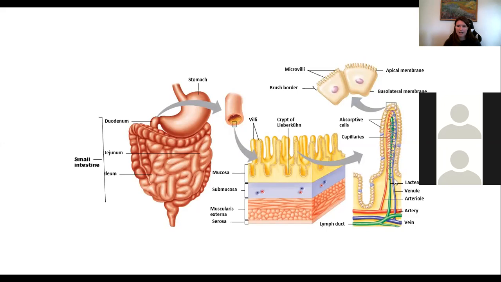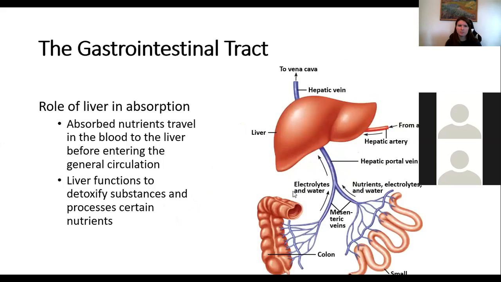And then we have these absorbed nutrients in this vein here. Now, all those veins coming out of your small intestine are basically going to go through the liver. So we have this hepatic portal system, right? Which means that veins coming from your small and large intestine join together into the hepatic portal vein and get funneled through the liver before they go into the rest of the body.